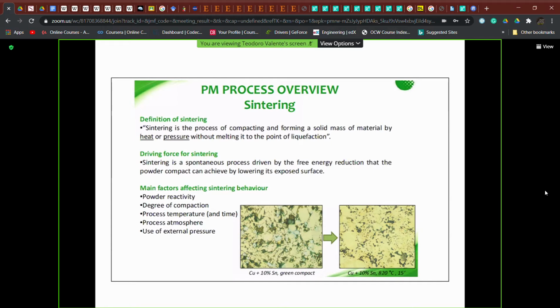The use of an externally applied pressure during sintering means that we establish not only a thermal treatment, but a thermomechanical treatment, as well as, according to the powder reactivity, the process atmosphere, which must be controlled when, for example, we have powders which are very prone to oxidize, that is, powders very prone to react with oxygen, and we want to minimize oxides after final compaction and sintering of our component.